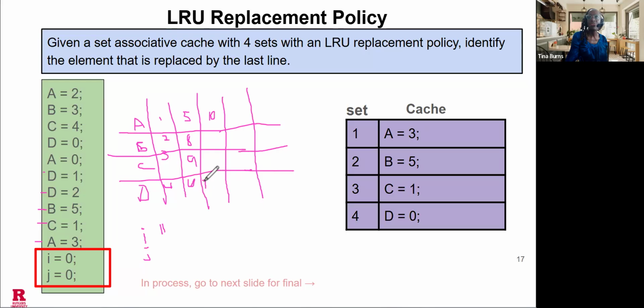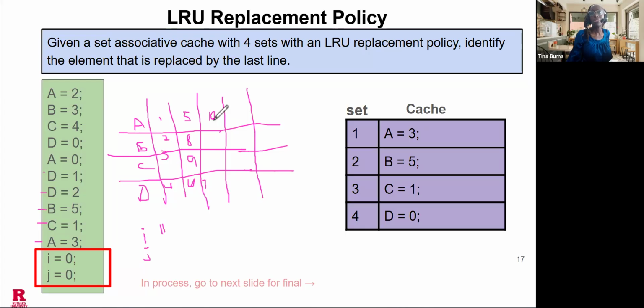Actually, I'm sorry. What was the question? What item was least used? So if I look at these values, I can look at my row and determine which of these variables has the smallest number.